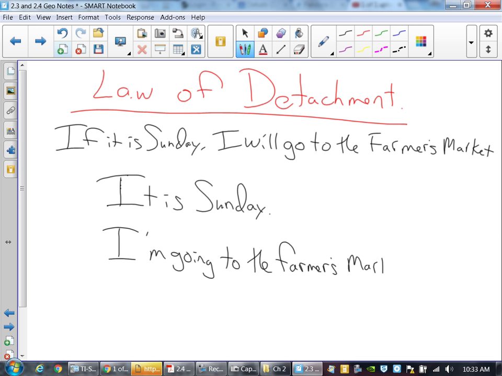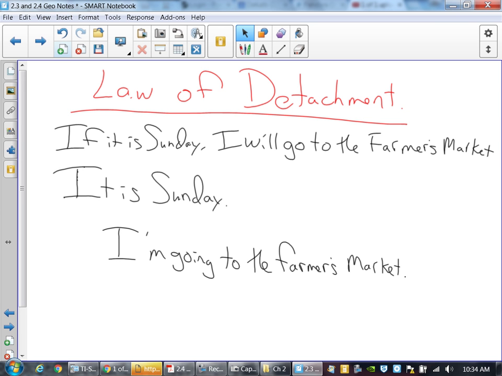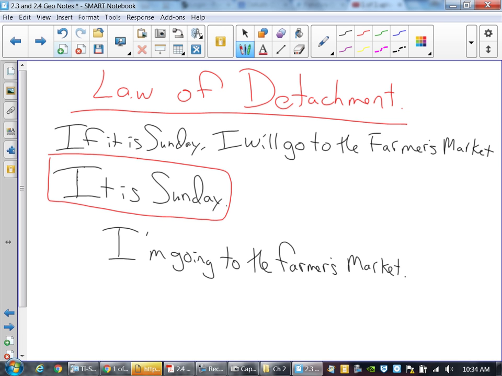It doesn't have to. Basically with this law of detachment, you're going to be given some generic start, and then they automatically will say your hypothesis part is true. If it is Sunday, I will go to the farmer's market. Well, it's Sunday. Where am I going? That's all it is. Detachment breaks it up a little bit.